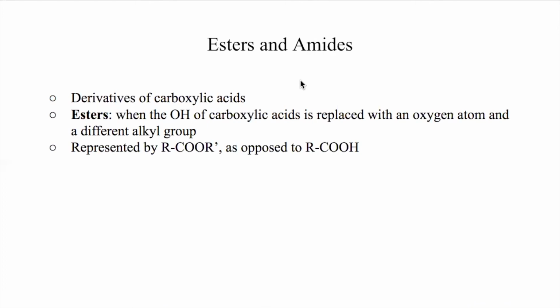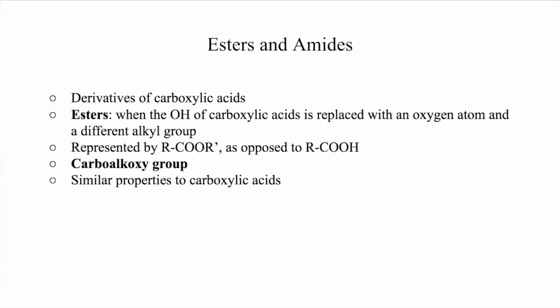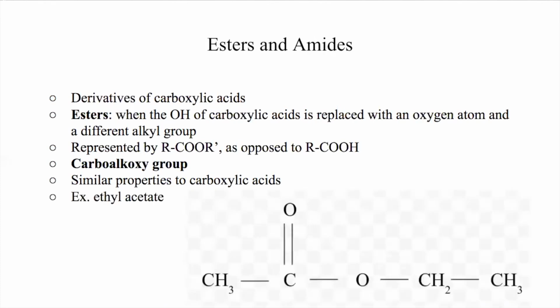This functional group is called a carboxylic group. Note that, in esters, the carbonyl group is still attached to an oxygen atom, so the properties of esters will be similar to those of carboxylic acids. One example of an ester is ethyl acetate, an industrial solvent with a distinct smell.